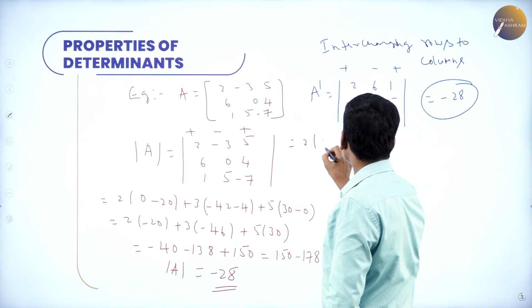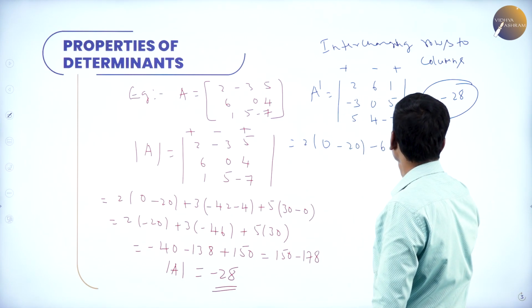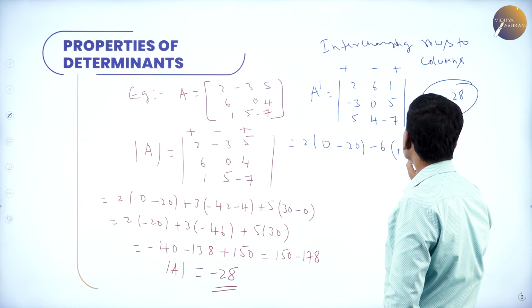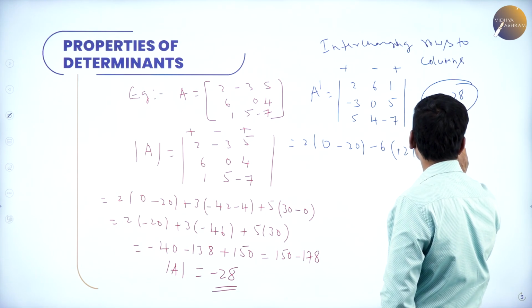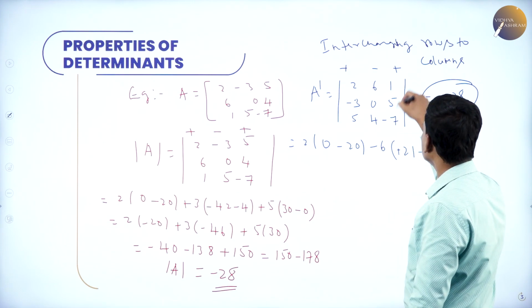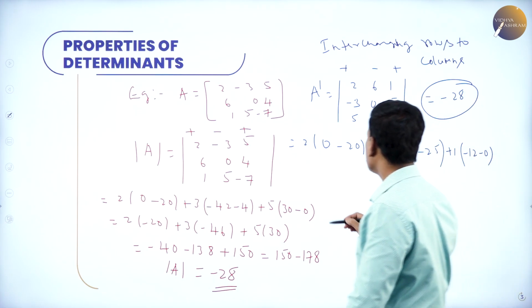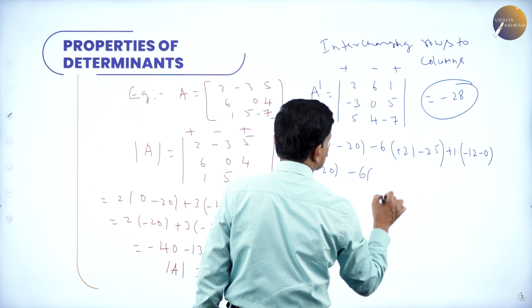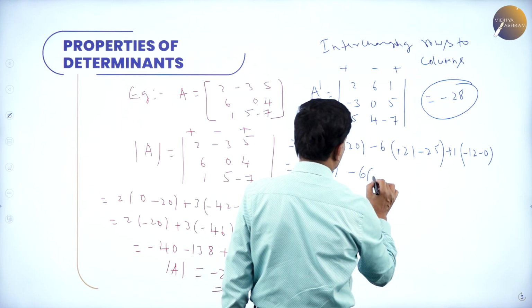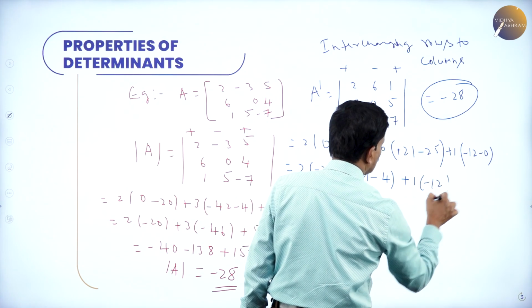2 into 0, 5 4s are 20, minus 6 into, this is gone, 7 3s are 21, minus 5 5s are 25, plus 1 into, this is gone, 3 4s are 12, minus 0. So this is 2 into minus 20, minus 6 into 21 minus 5, 25 is minus 4, plus 1 into minus 12.